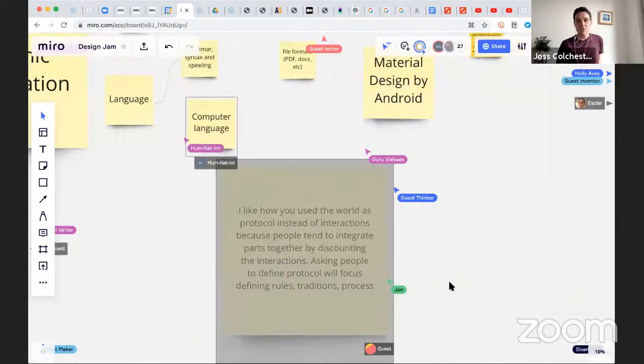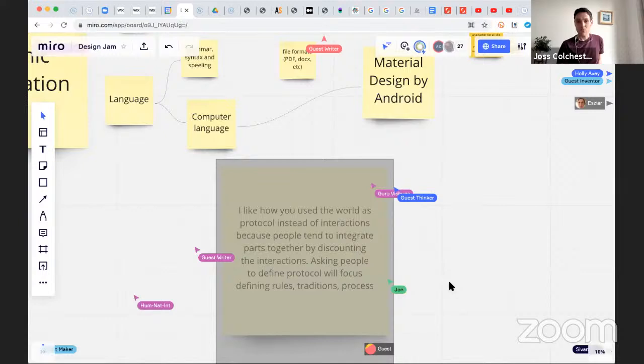I like how you used the word world as protocol instead of interactions, because people tend to integrate parts together by discounting the interactions. Asking people to define protocols will focus on defining rules, traditions, processes.